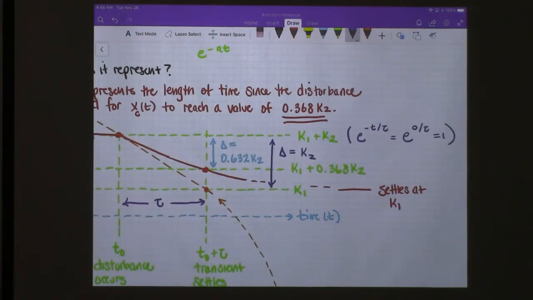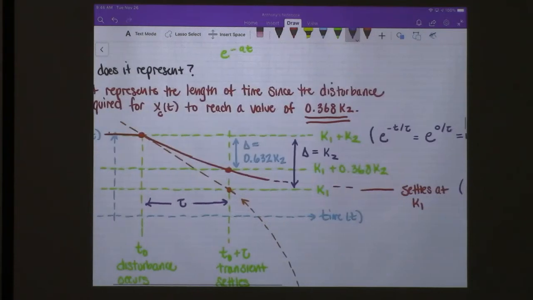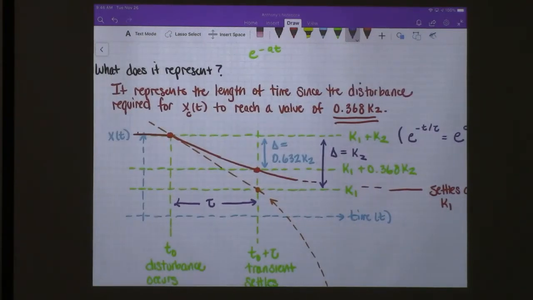Okay, that's what's going on right there. Down here, we have e essentially to the negative, I'm going to say large value over tau, which is going to be equal to 0. Okay, so that's the difference between those two dotted lines.